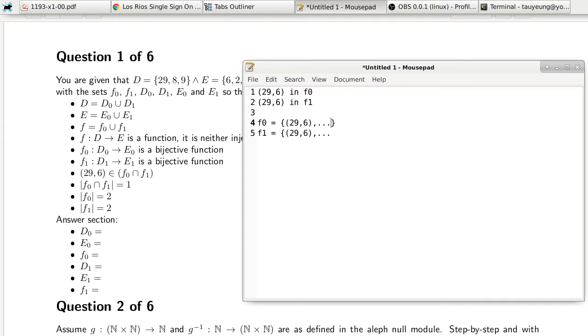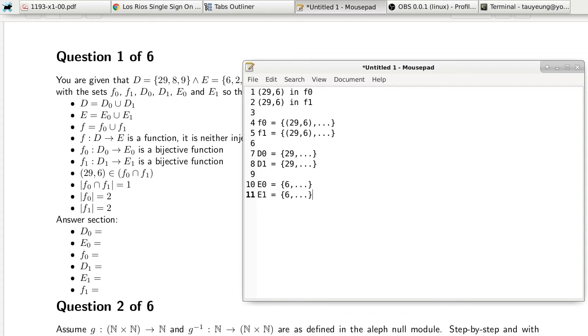They can have additional stuff, but (29, 6) is the one they both must have. That means D0 must have 29 as an element, and D1 also must have 29 as an element. When I look at E0, 6 has to be one of the elements, and in E1, 6 also has to be one of the elements.